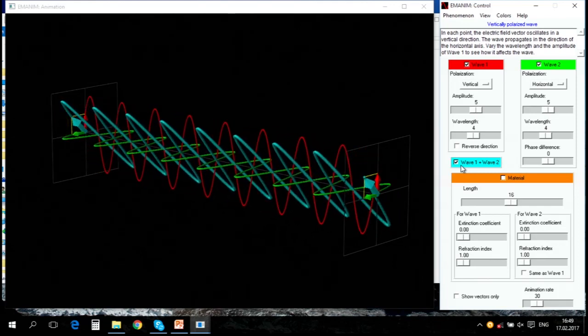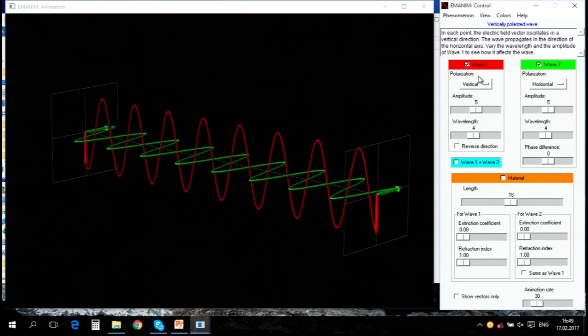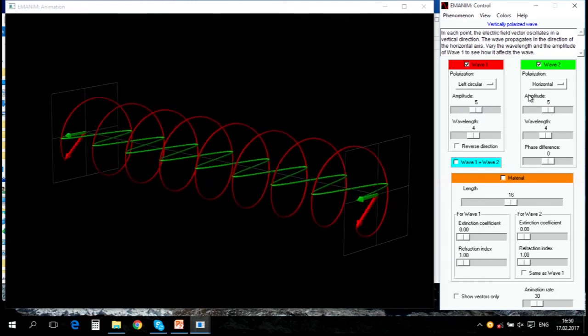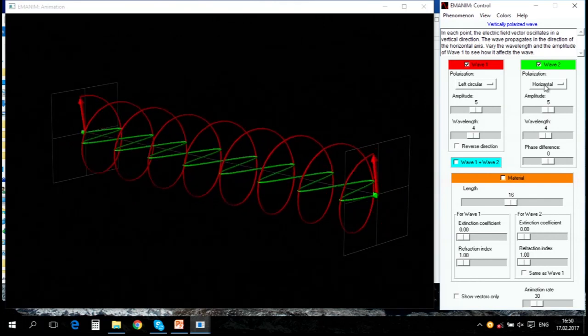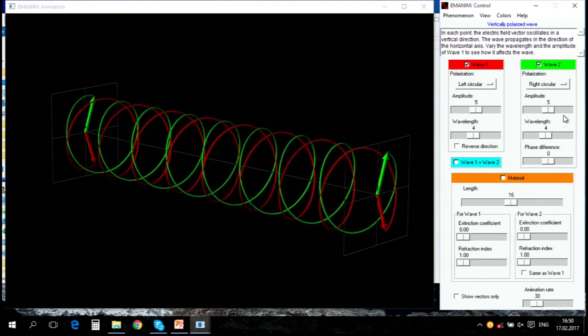Another interesting question. What should we obtain if these two waves, or projections of one wave, are left and right circular?